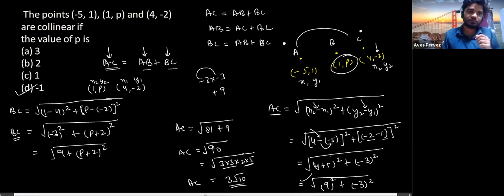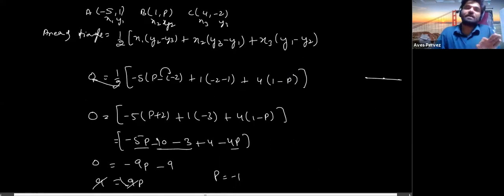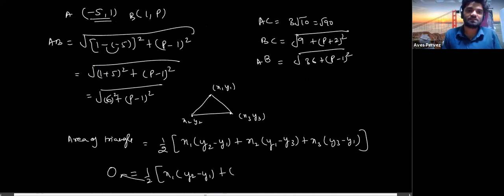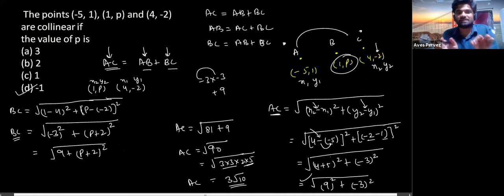Got it, dear student? So what this objective question teaches us is that when we are having questions regarding collinear points, don't go through the distance formula, because it might create some problem.